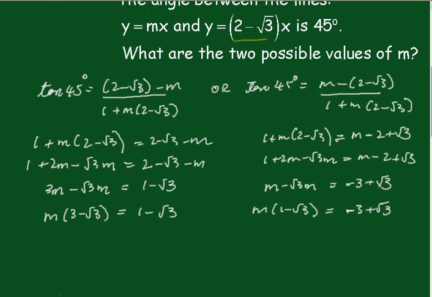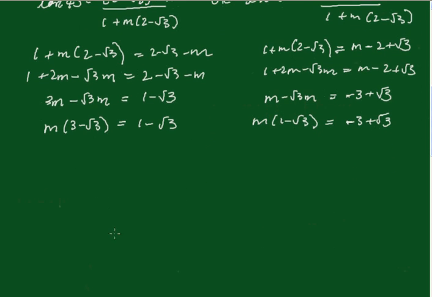Okay. Dividing through here, m equals (1 minus root 3) over (3 minus root 3). m equals (minus 3 plus root 3) over (1 minus root 3).